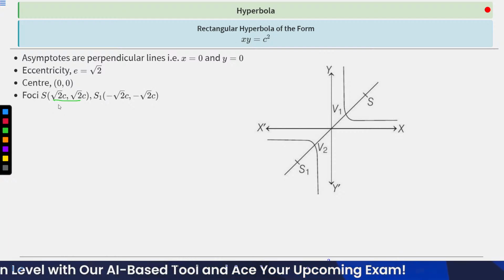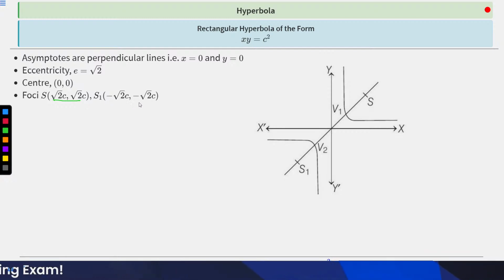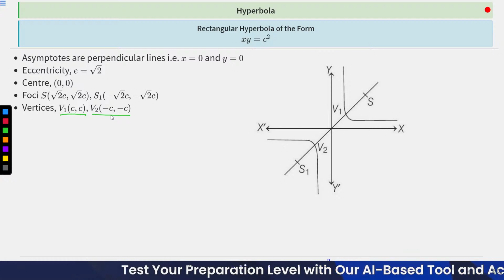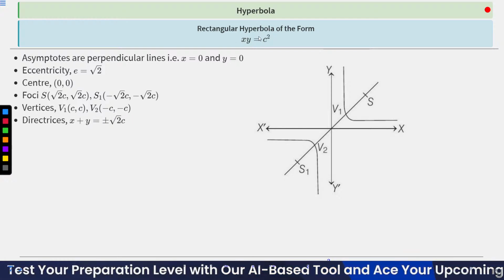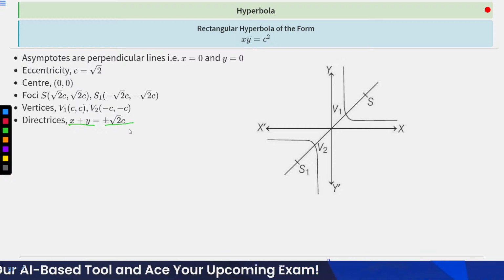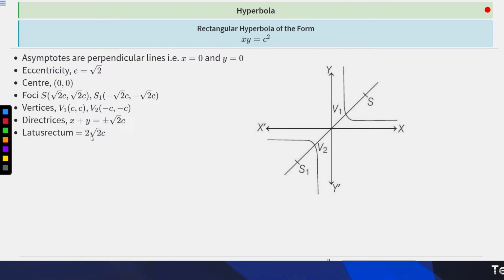Foci S at (root 2c, root 2c) and S1 at (minus root 2c, minus root 2c). Vertices V1 (c, c) and V2 (minus c, minus c). Directrices x plus y is equal to plus minus root 2 times c. Latus rectum will be twice of root 2c.